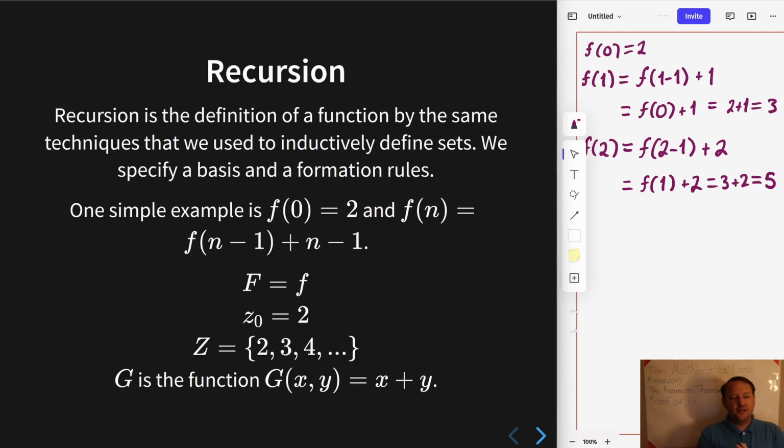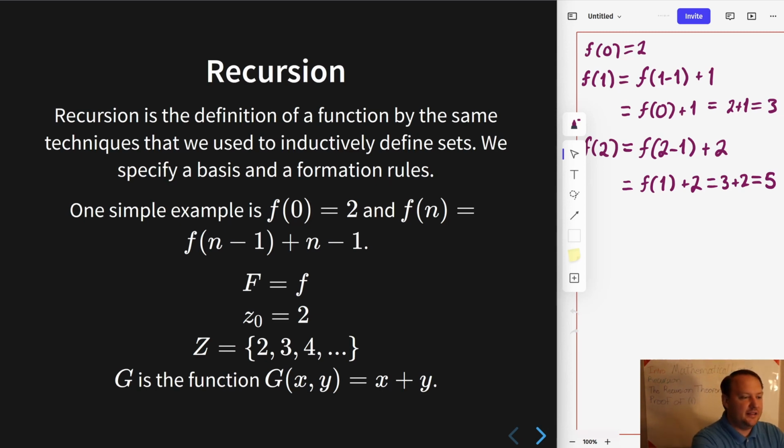And then there's this set z, which I haven't really displayed in this particular setting, but it might be easier to first talk about this function g. Now, g, in my example, is the plus function. G is a two-place function, typically, and the left coordinate is typically supposed to be the earlier value of f.